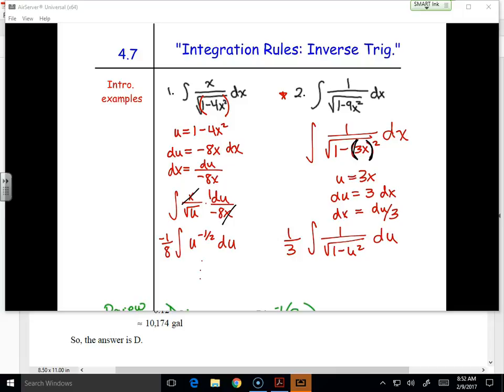Why did I do that? This is crazy. It makes no sense unless you go back to a derivative rule and remember all integral rules come from derivative rules. Back in the day, we learned a derivative rule for sine inverse of u.